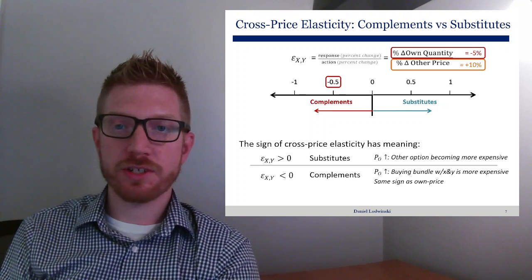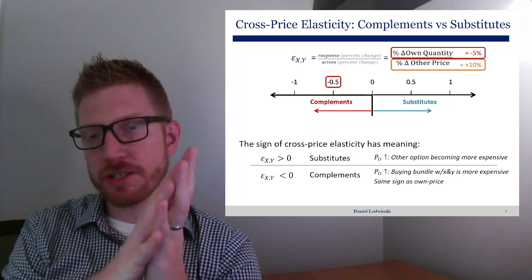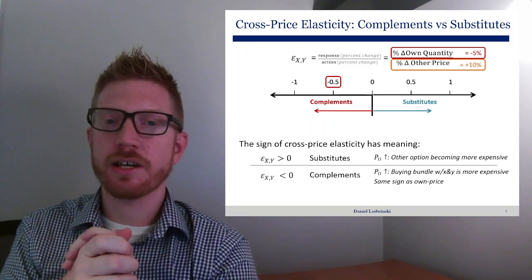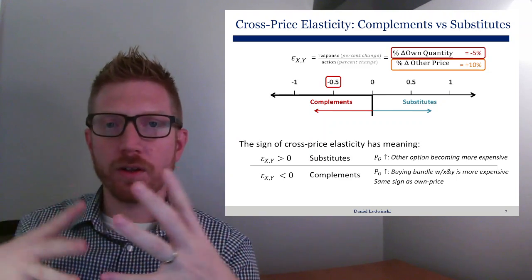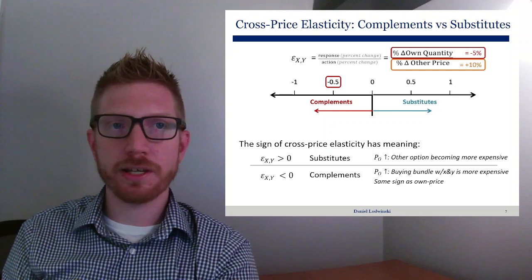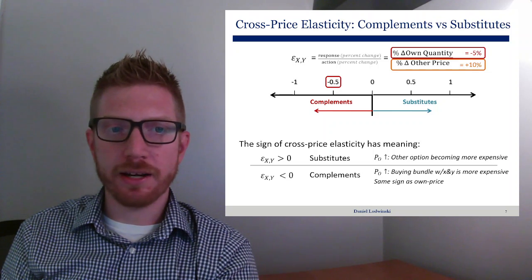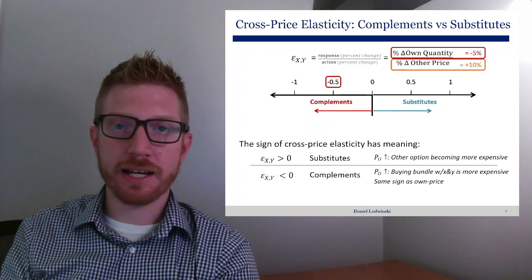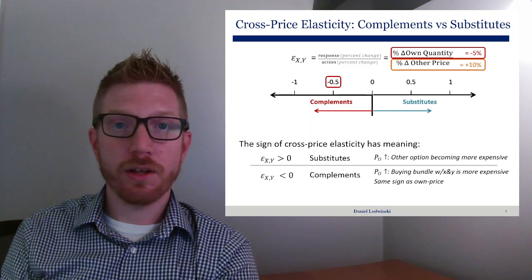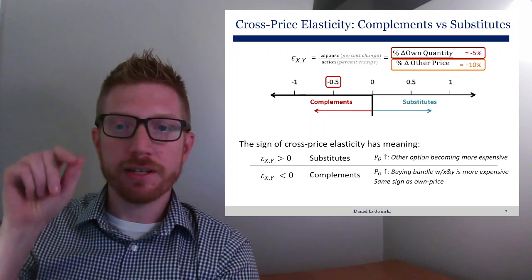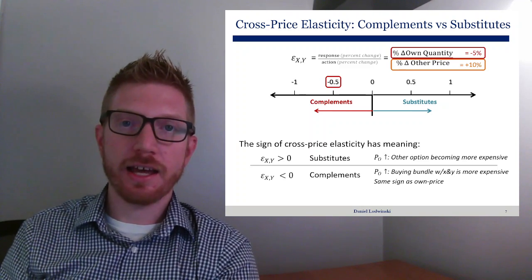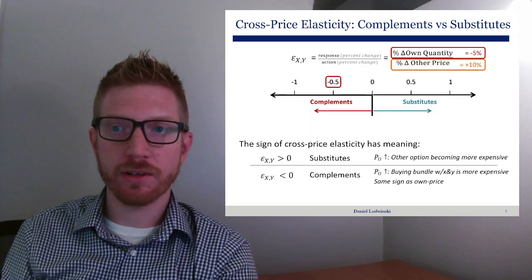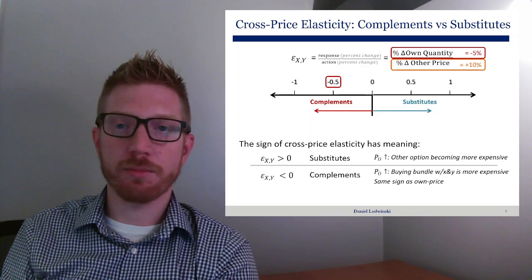Now, some students get confused because positive feels like sameness and moving togetherness, and complements also feel like this togetherness, and that's one of the places where it's not necessarily helpful that we don't emphasize the negative sign of own price elasticity, because the sign for complements is the same as own price elasticity, which is always negative, because they are moving together.